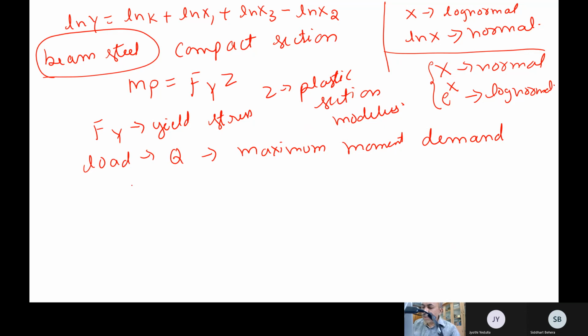Now, as I already told you, in most of our engineering design, all the variables you deal with are positive quantities only. Yield stresses cannot be negative, and the loads will all be positive only. So generally, for all positive quantities, we model them as log normal random variables.